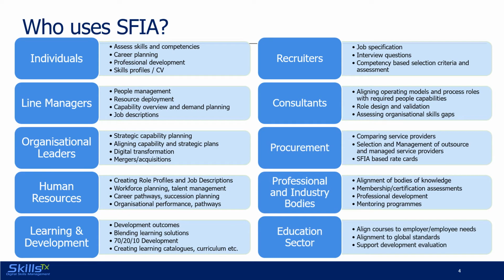Here are some examples of the different types of users of SFIA and some of the things they use it for. Individuals can confirm where they are starting from, their current skills and experience, and take some control of their own career development. Managers can use the same data to have a better development conversation with their direct reports and provide the appropriate support.